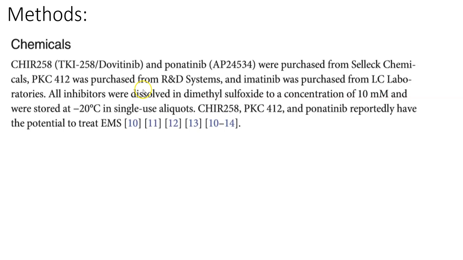Now for the methods section, maybe I don't know what this compound is. I can do more research. I can find information about it. Oh, look, they dissolved everything in DMSO, and this tells us more information. Now, when you're getting into providing or detailing your methodology and what you want to do, maybe you're going to look at some of these methods more closely to identify the process and how things are going to work.